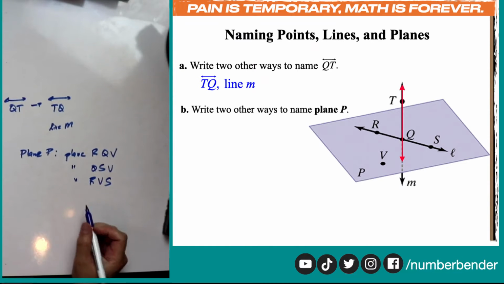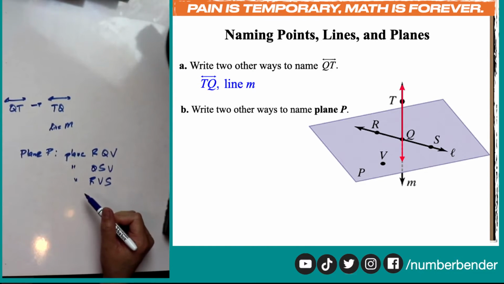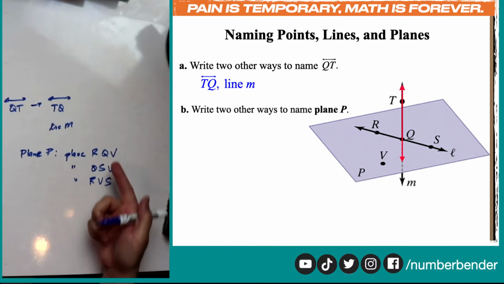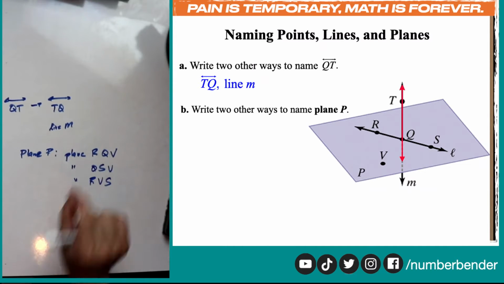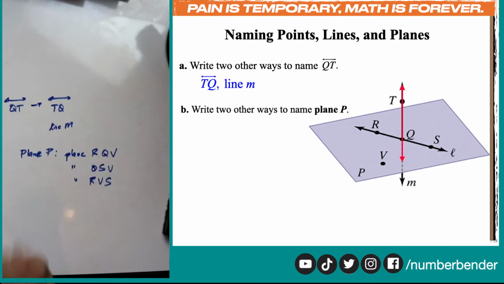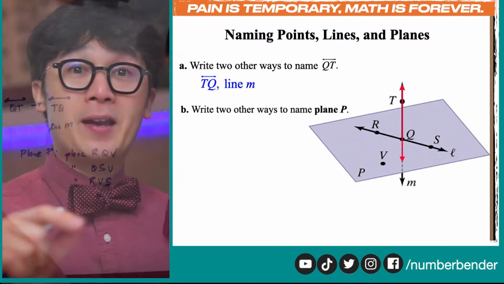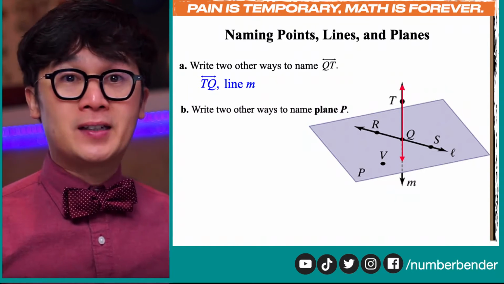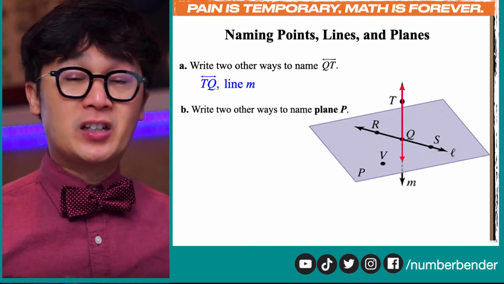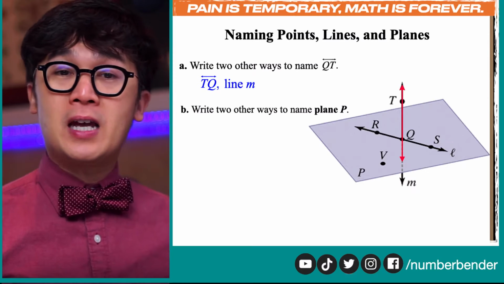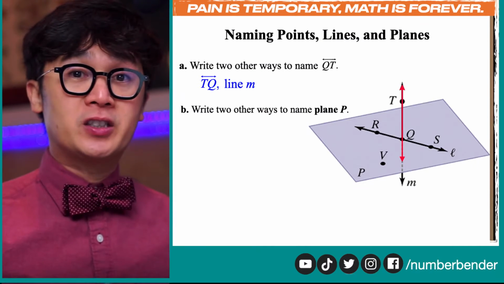At pwede niyong bali-baliktarin yung inyong mga letters dahil pagdating sa rule ng writing notation sa geometry, yung ordering niya ay hindi importante dito sa points, lines, and planes. Pero restricted yan para lang sa points, lines, and planes dahil meron tayong susunod na mga geometric symbols na kung saan yung order ng ating mga letters ay important.